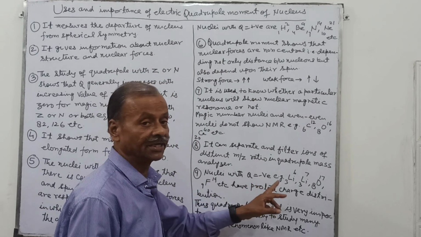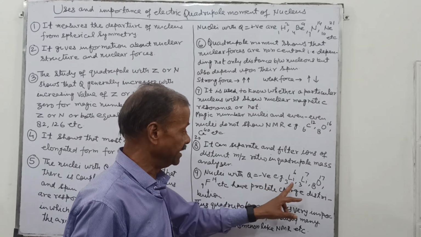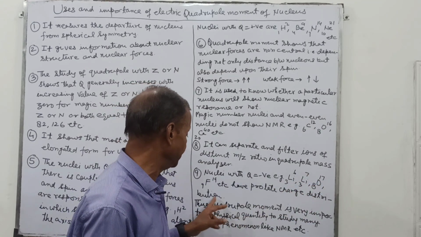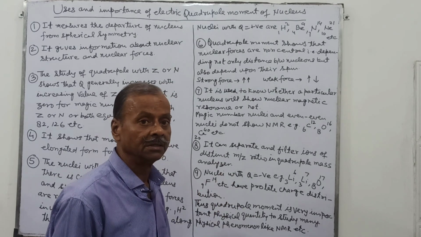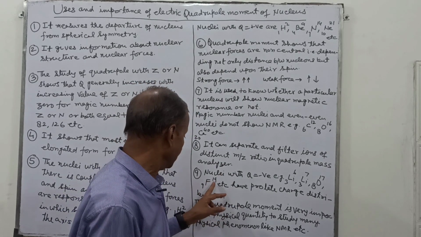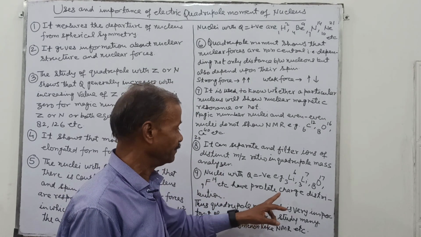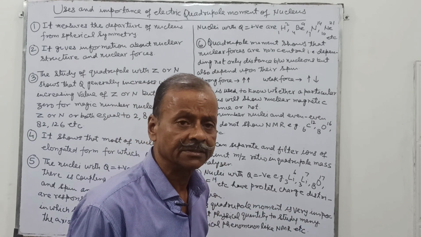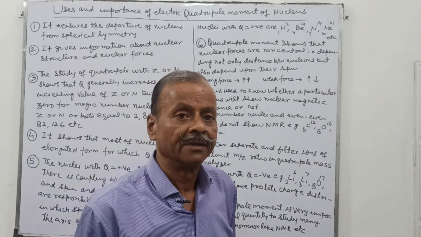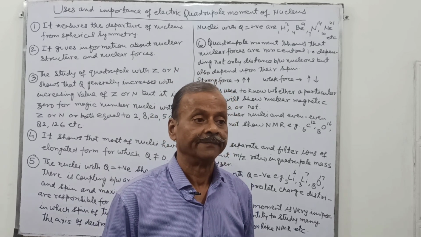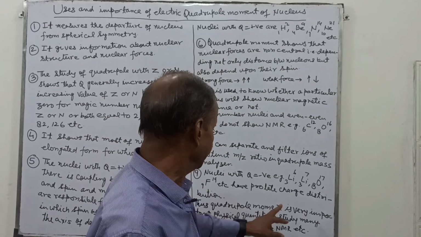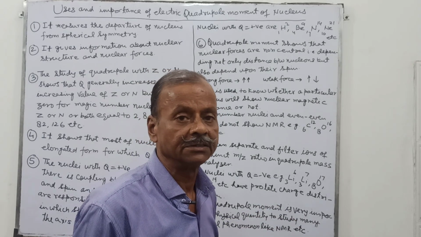Nuclei with Q negative, that means lithium-6, lithium-7, oxygen-17, fluorine-19, etc., have the prolate charge distribution. It means that most of the stable nuclei do not have a spherical charge distribution.